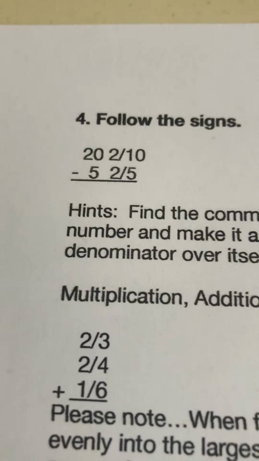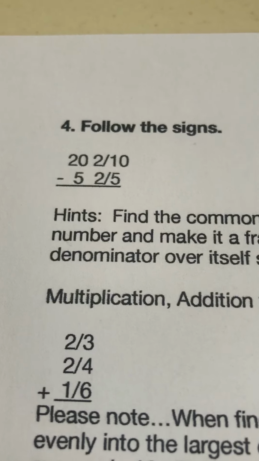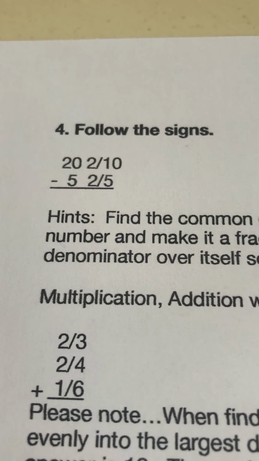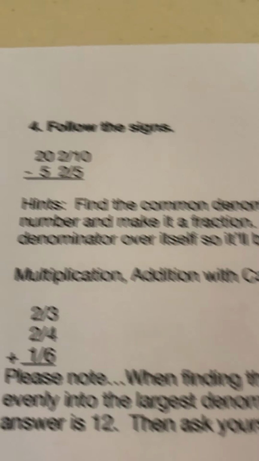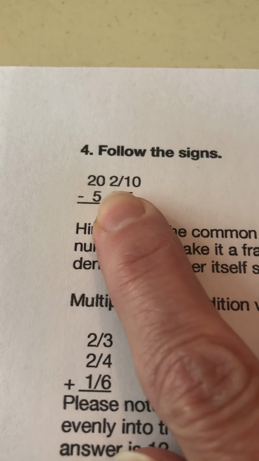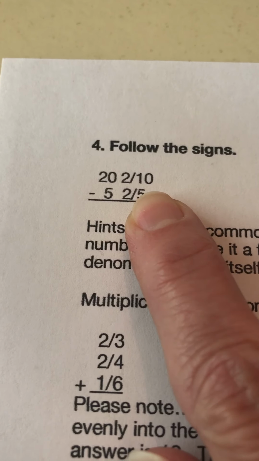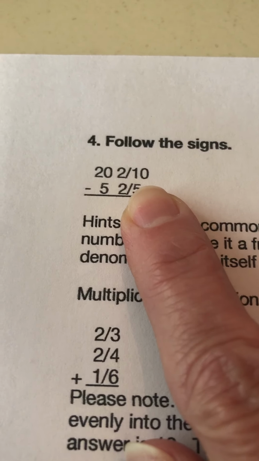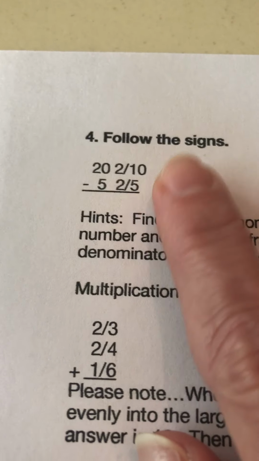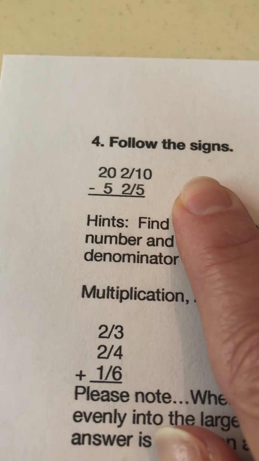So, here you go. Will 5 divide evenly into 10? Yes. 10 becomes your common denominator. Then you say 2 goes into 10 how many times? 5 times, right? And then 5 times 2 is 10, so you've got 10 over 10.